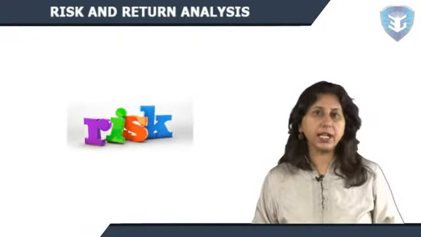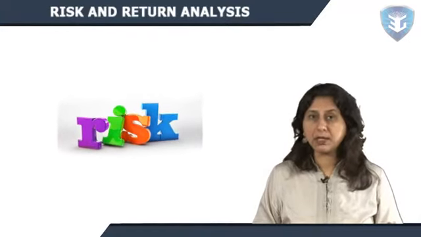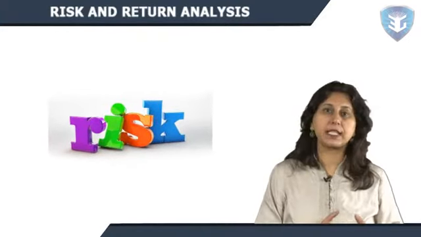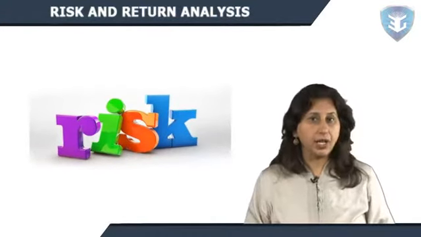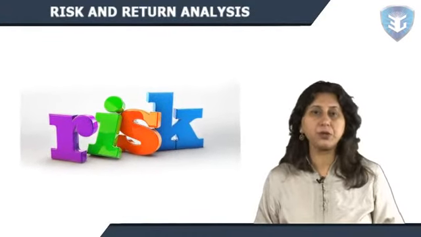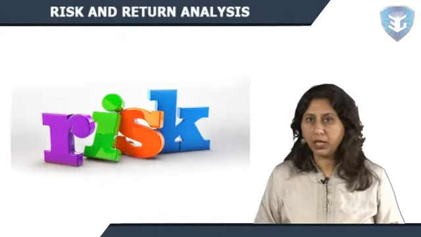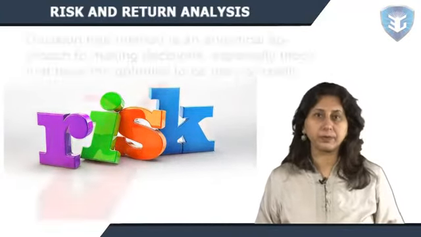The certainty equivalent coefficient can be determined as a relationship between the certain cash flows and the risky cash flows. That is, risk adjustment factor is equal to certain net cash flow divided by risky net cash flow.